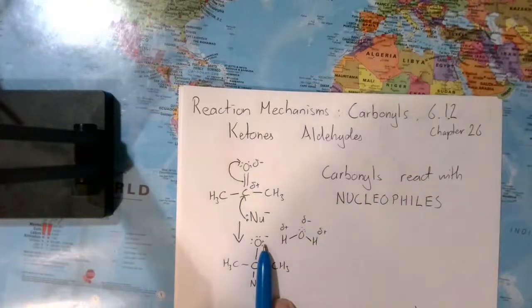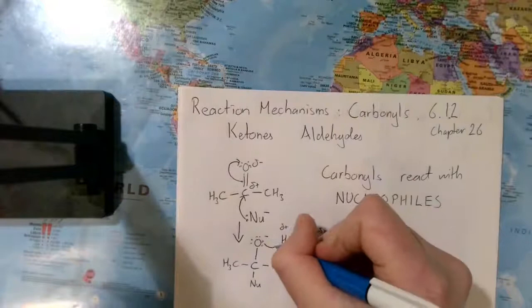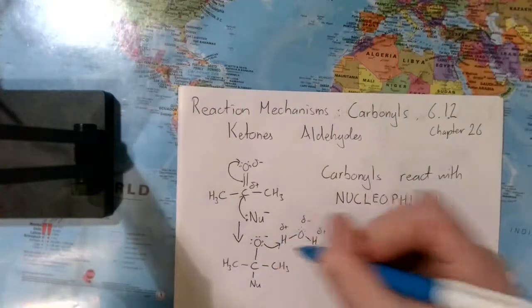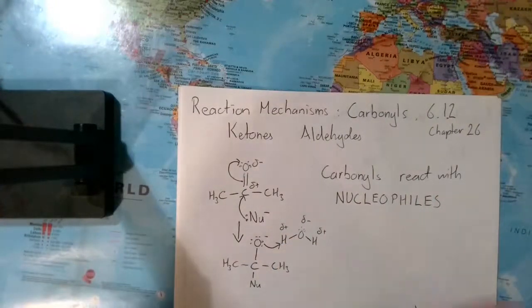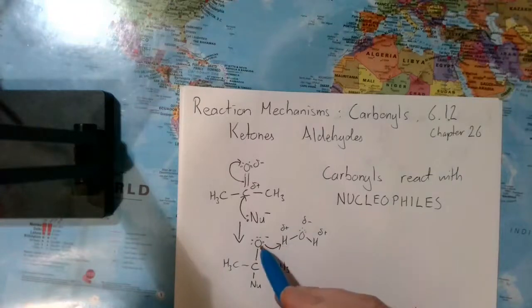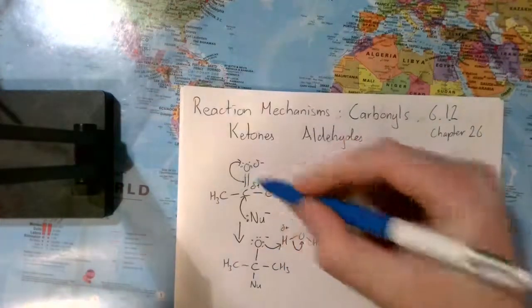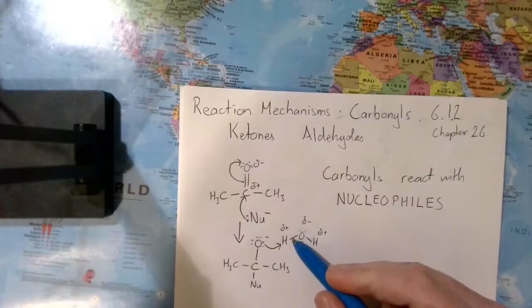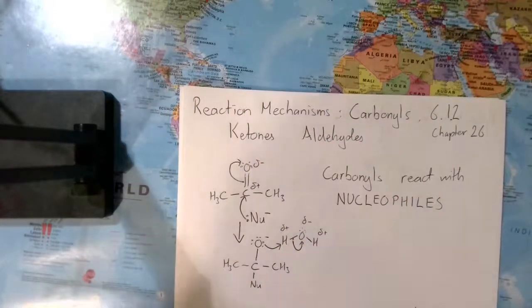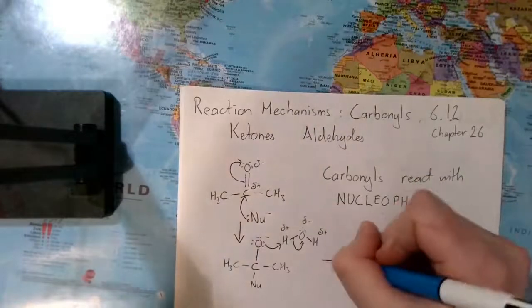A lone pair from the water's oxygen is attracted to the delta positive hydrogen on the oxygen ion, and a new bond starts to form between the oxygen and the hydrogen, very similar to what happened in this step, with the electrons from the bond going to the atom like that.